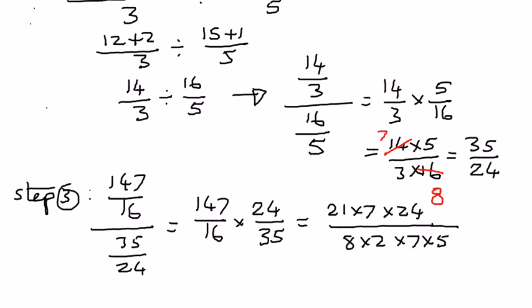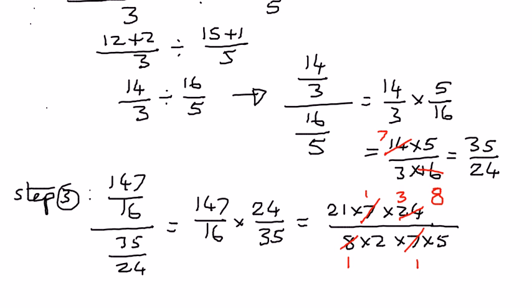So looking at the numerator part and looking at the denominator part, if we have numbers which are multiples of one another, we can reduce them. 7 times 1 is 7, 7 times 1 is 7. Then we have 24 and 8. 8 times 3 is 24. 8 times 1 is 8. Right?